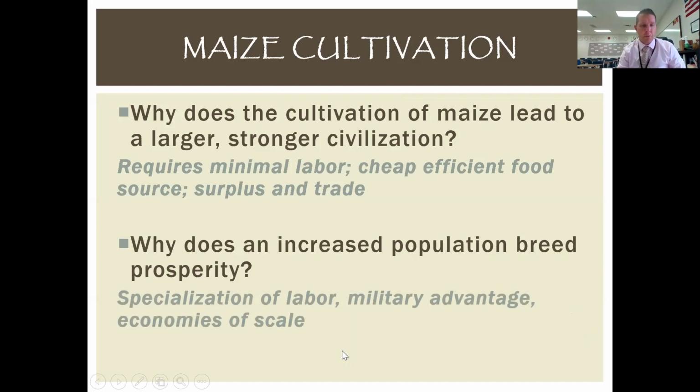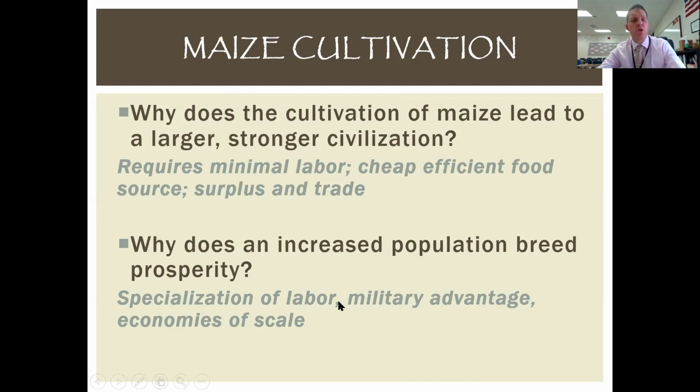When there's more people, and particularly when maize is not very labor intensive, you've got people that can do other jobs. Not everybody is tied up in the growth of the staple crop, and so you get specialization of labor in many different things, and people have time to pursue other things, whether it's science or technology or the social services, all of these kinds of things.